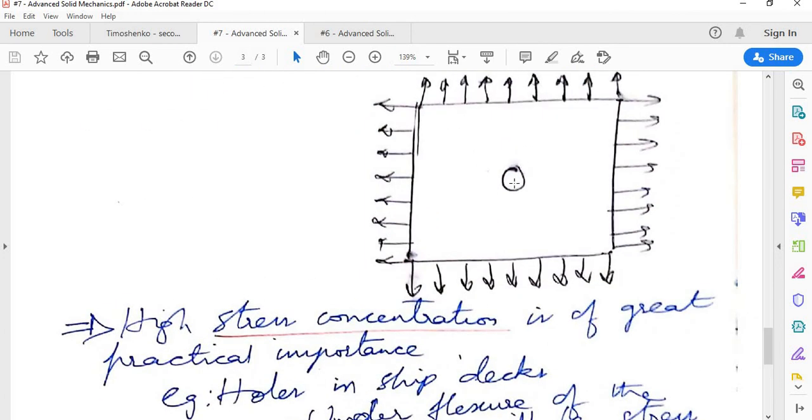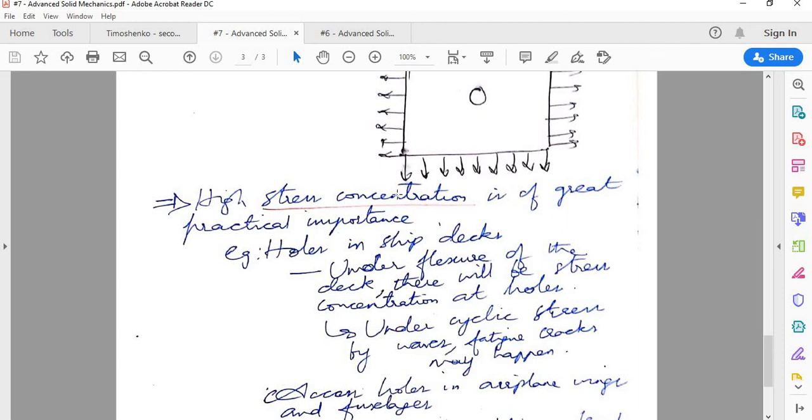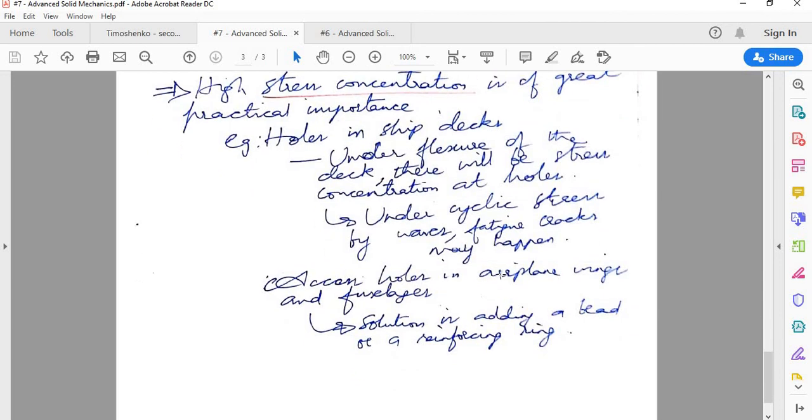Now this stress concentration due to holes is of great practical importance. When I was taking class, I told you some basic examples. Other than that, some practical examples are when you have a hole in a ship deck. You also have to understand that ships are subjected to cyclic loads by the waves, which result in fatigue cracks, so it becomes significant in the case of ship decks.